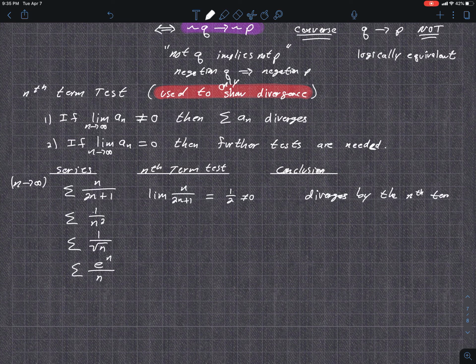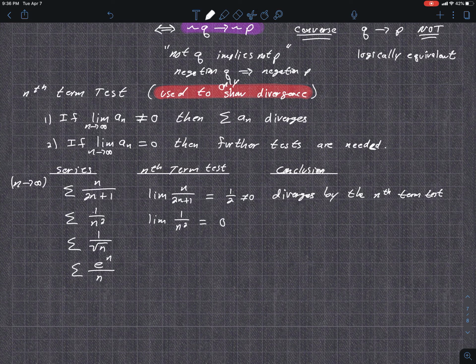Conclusion: diverges, and you want to say by the nth term test. I'll be looking for that. Diverges how? By what test? By what rationale? You have to be able to say all that.